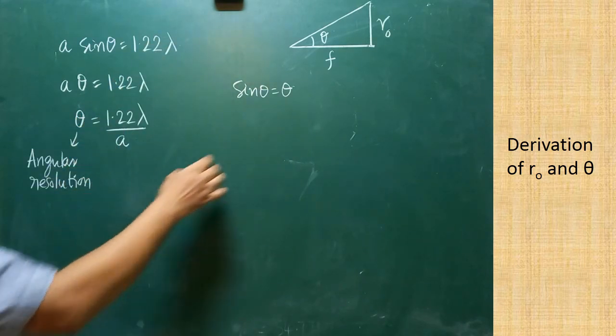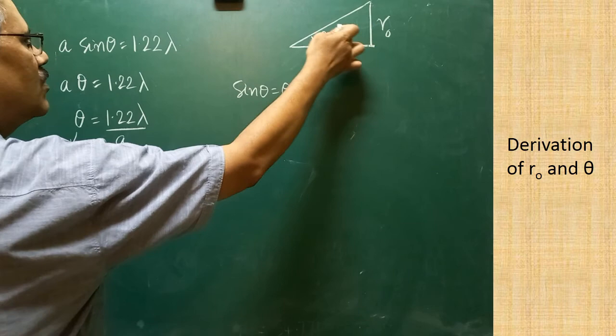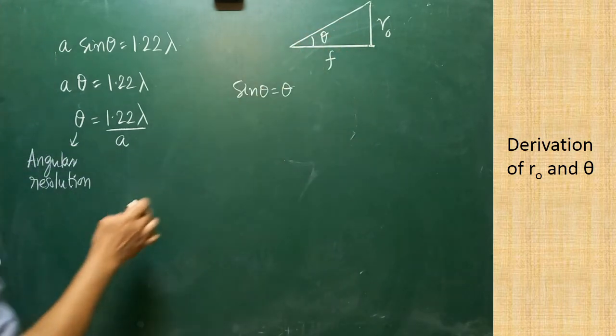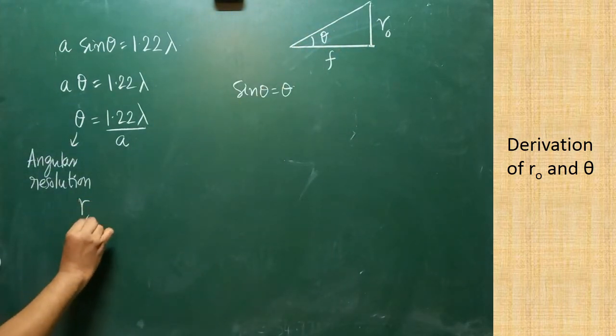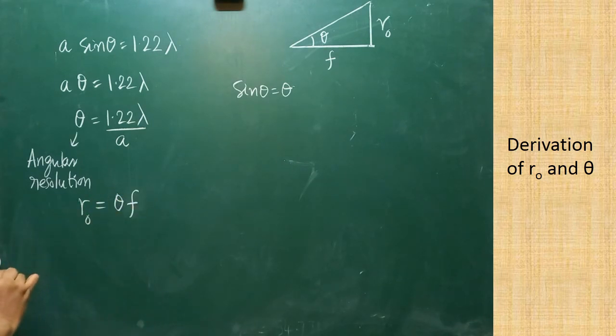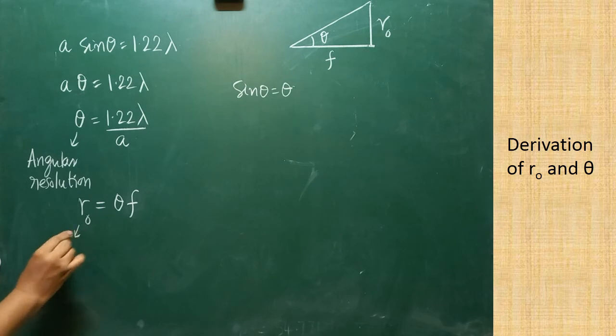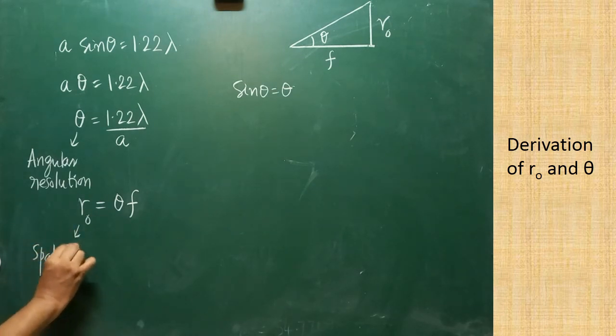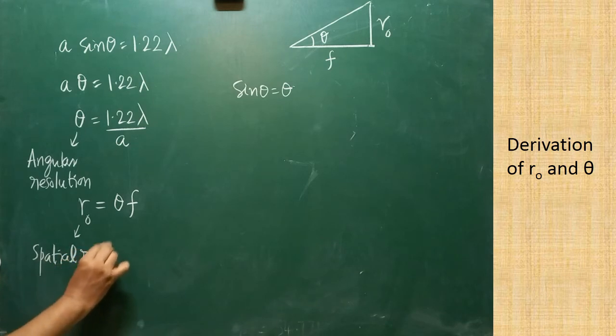This arc length will be equal to theta into focal length. Therefore, R0 is equal to theta into F. Here R0 is called spatial resolution.